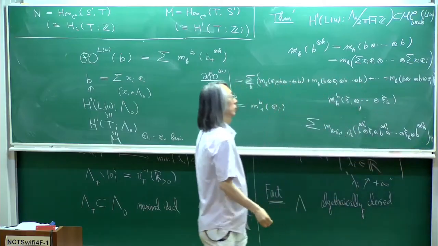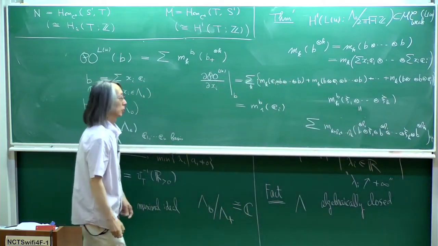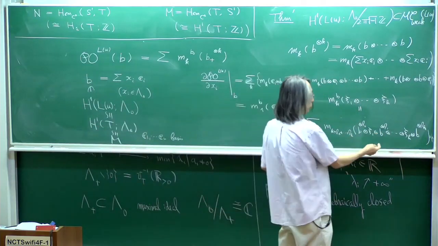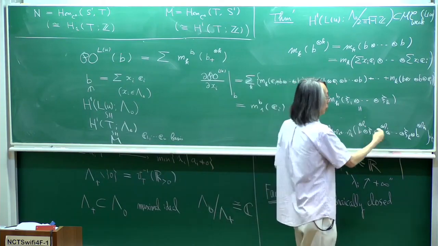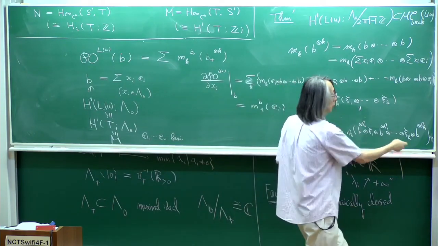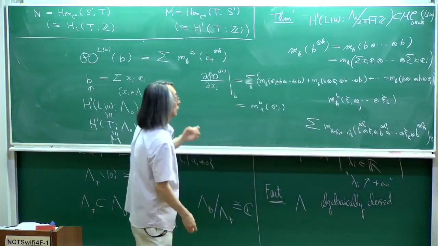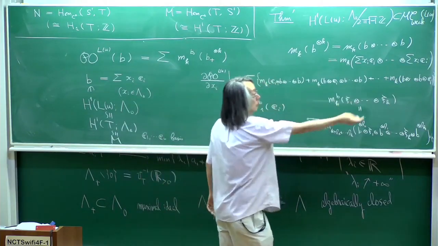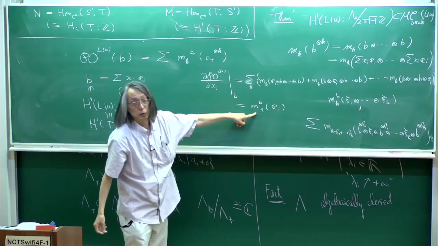So we consider such things. So an arbitrary number of b may be put in front of psi_1, or between psi_i and psi_{i+1}, or after psi_k, and that is exactly this distance. So therefore, this is m_1^b of e_i.